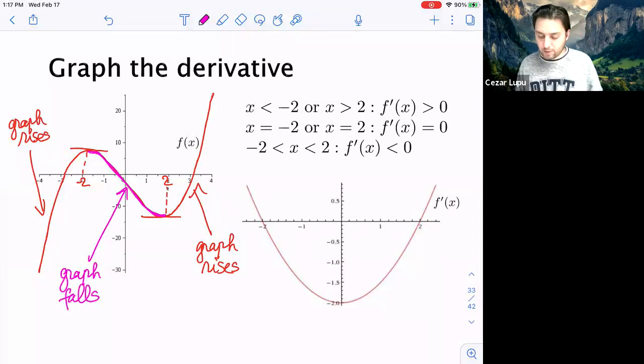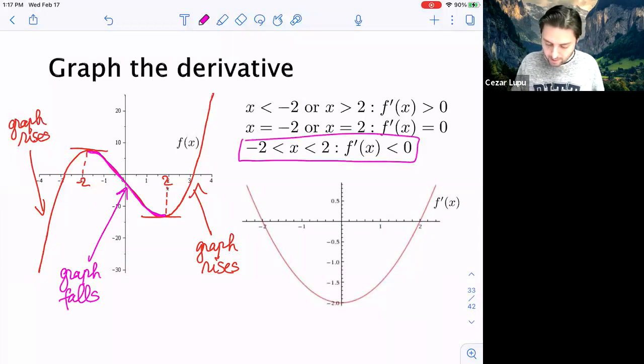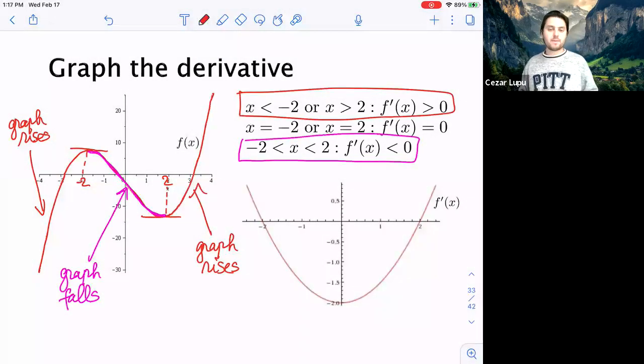You can translate this: the derivative between -2 and 2 will be negative. And here, the function will be increasing.